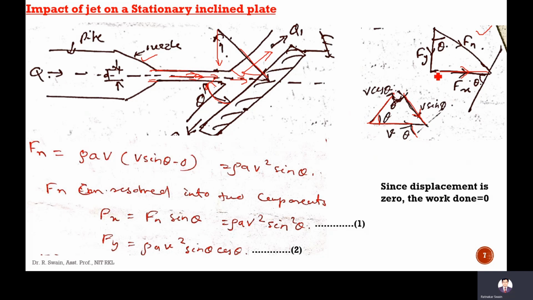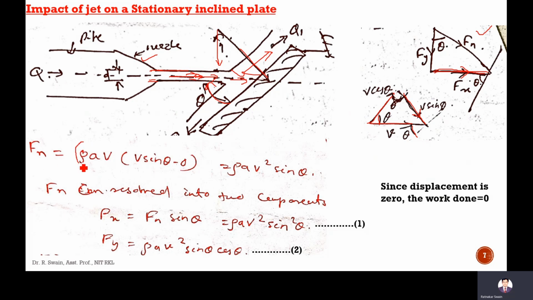Fx is in the direction of flow, Fy is perpendicular to the direction of flow, and Fn is normal to the plate. Then this Fn is the rate of change of momentum. The net force is the rate of change of momentum.